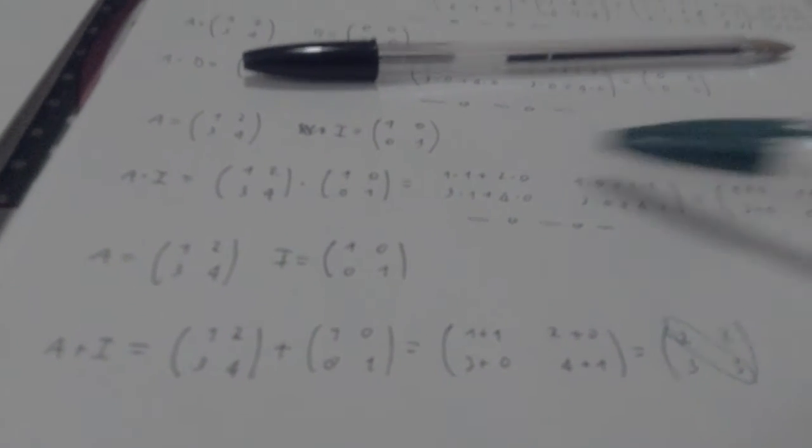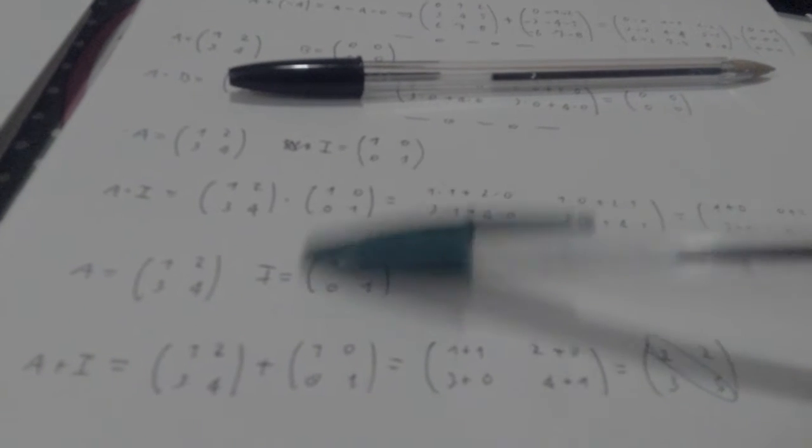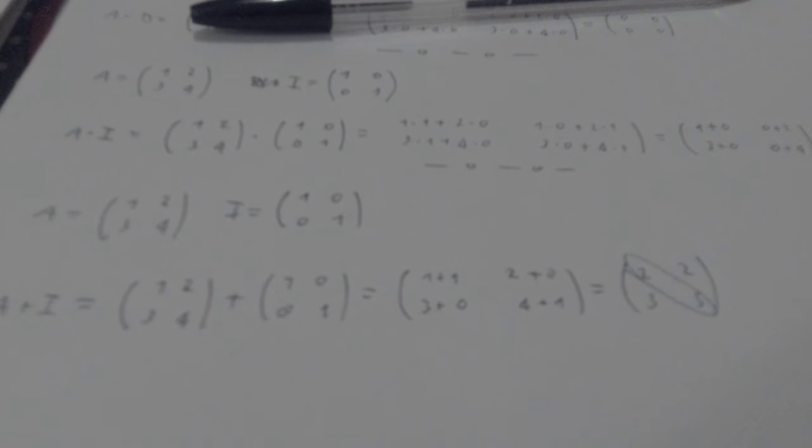Well, you can do all the calculation by yourself, but if you already know this and you see something like that, especially if you have two very big matrices, you don't have to do all the calculations.